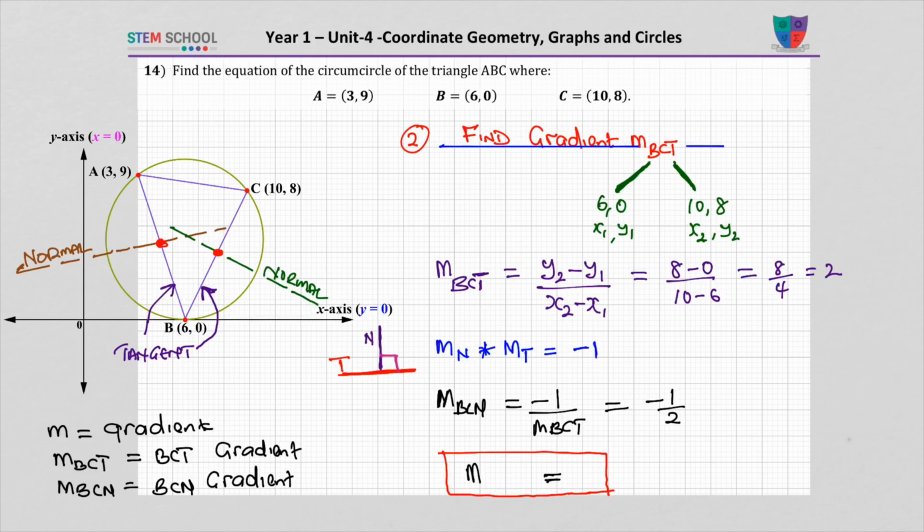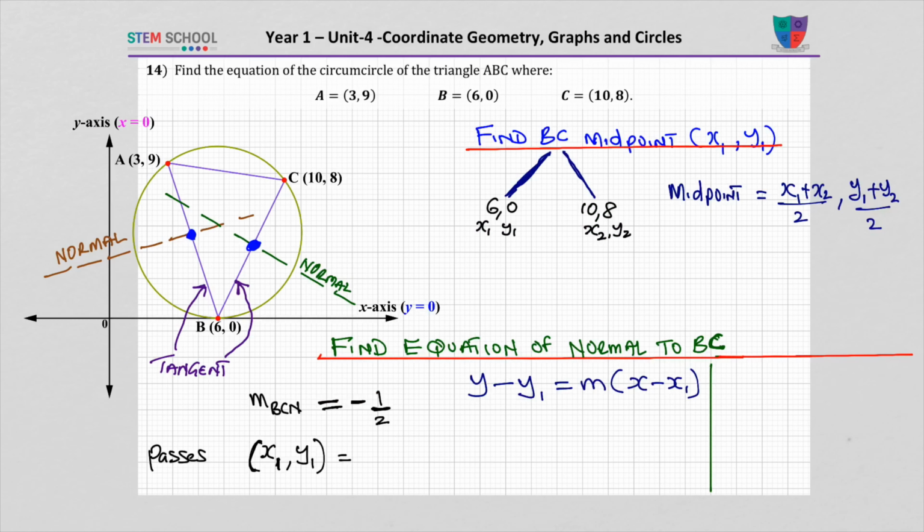So the gradient of BC normal is minus a half. So the gradient of this normal is minus a half. Right, to find the equation of the normal now, the gradient M for BC normal is minus a half. Now we need to find the coordinates of the midpoint where it passes through, so we can use that to find the equation of the normal to BC.